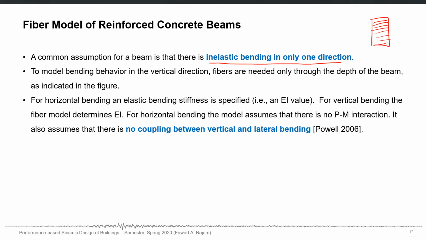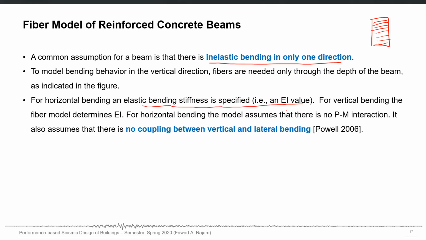So when the beam will be bent, these fibers will develop some stresses and strains in them, and if those strains bring the fiber into inelastic range, the inelastic effects are captured in the beam. For horizontal bending, an elastic bending stiffness is specified.